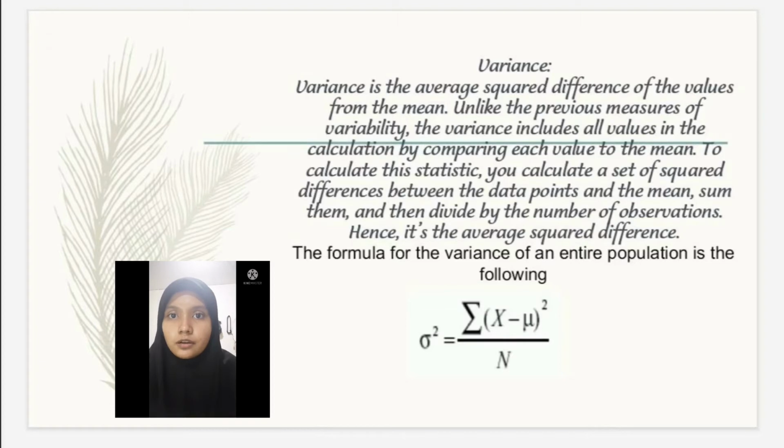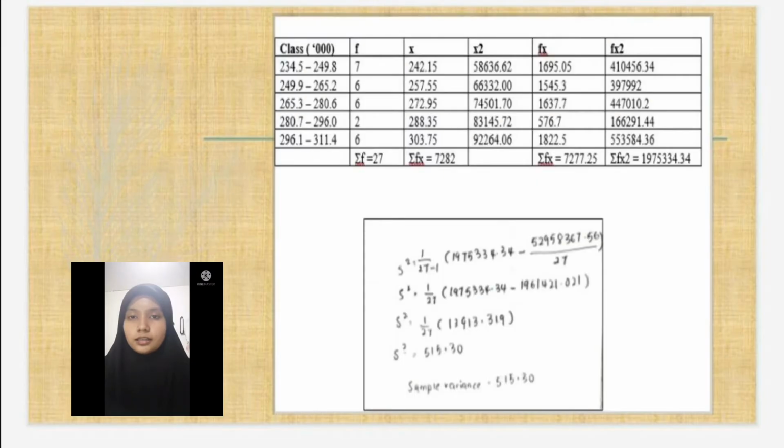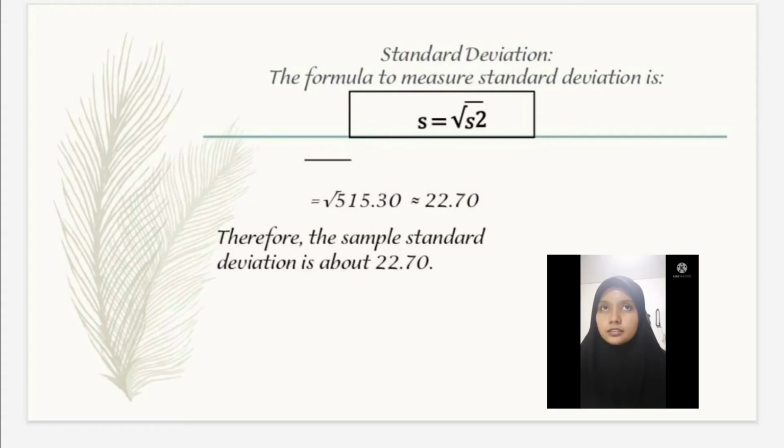The formula of the variance of an entire population is the following. Okay, the answer of variance is 515.30 and the sample standard deviation we get is 22.70, and for the standard deviation we use another formula.